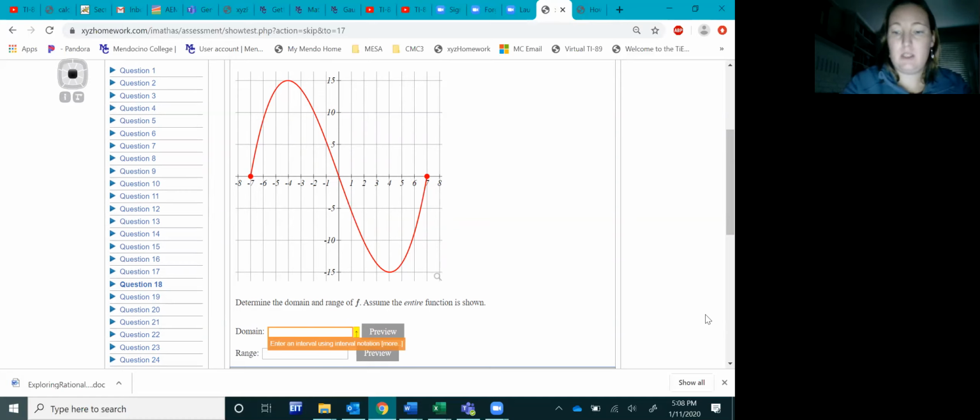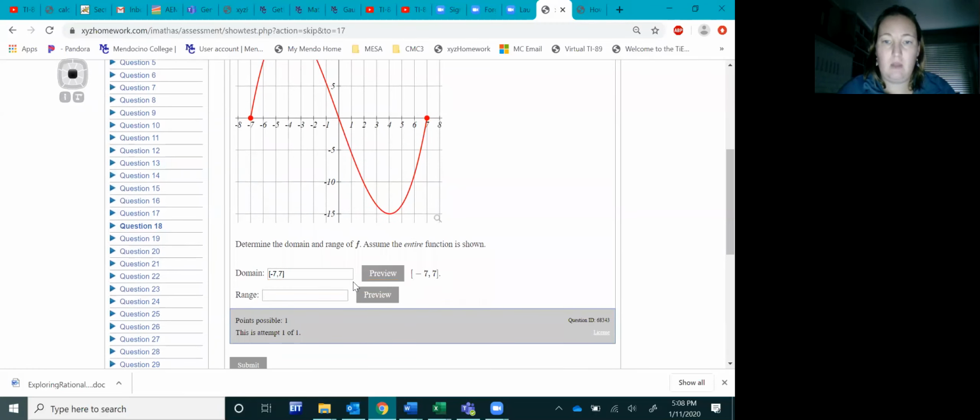So for closed dots, to include it, bracket, -7, comma, the highest, 7, and you can see that it's doing what I had asked, but if I had left this off, it'll say it's invalid. Or if I had done something like -7 because I didn't know what it was, it'll again say it's invalid.